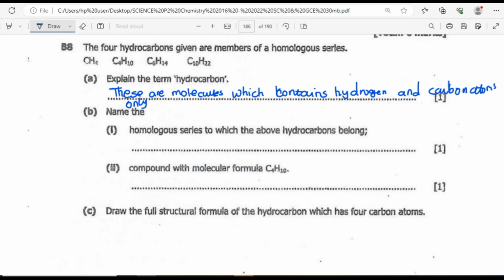Okay, so these are what we call hydrocarbons. So there are only two types of atoms, the ones for hydrogen and for carbon.